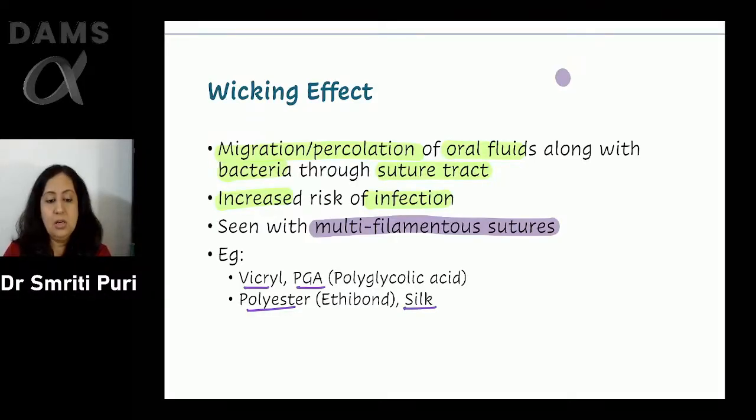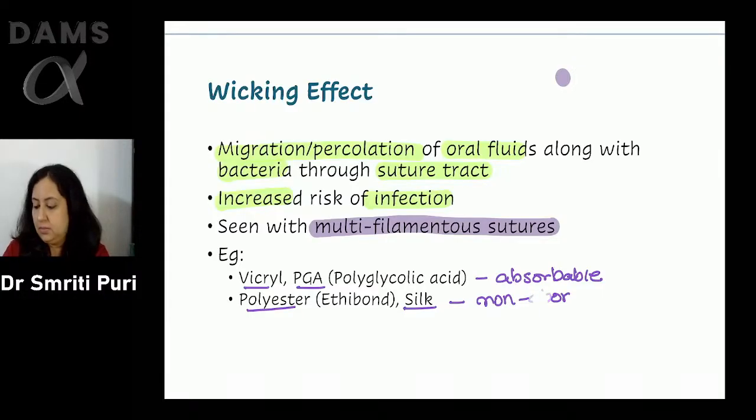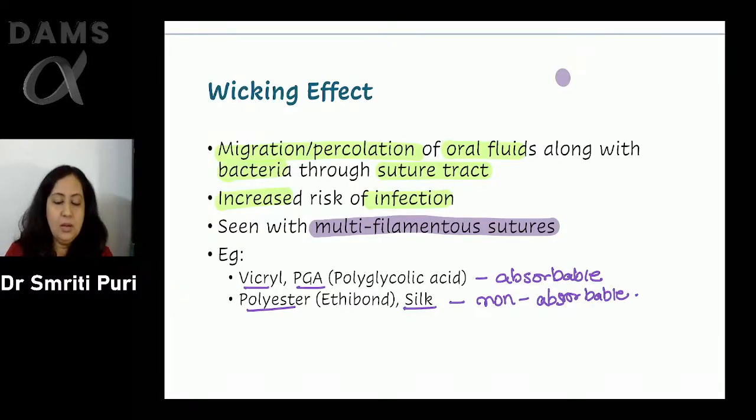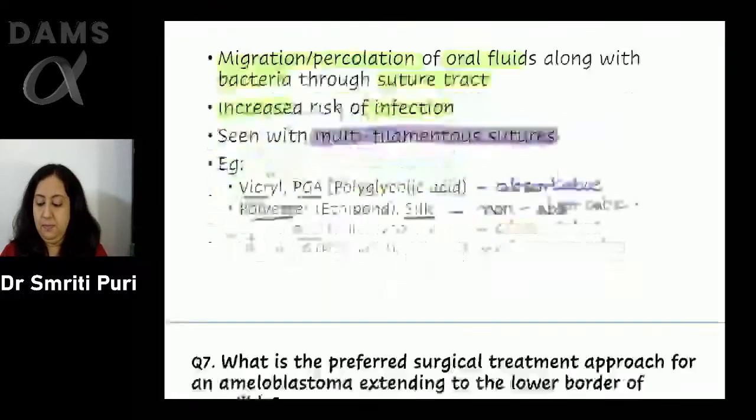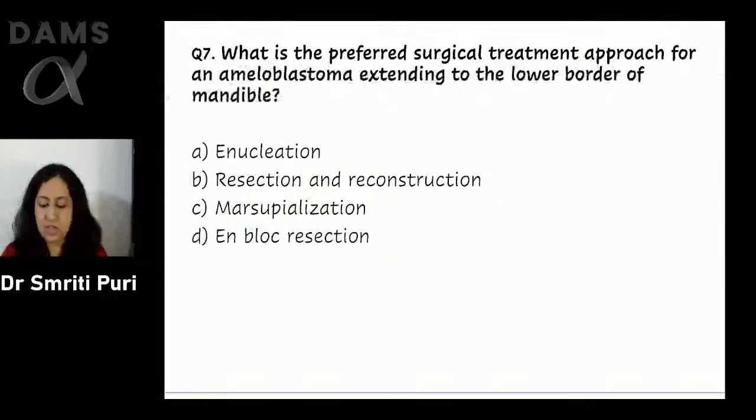So these are your absorbable and these are your non-absorbable. So please remember, wicking effect will always be seen with multifilamentous sutures. Let's move on to the next question.